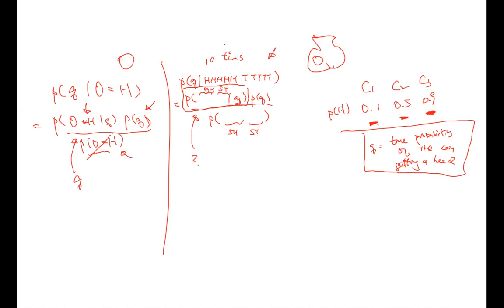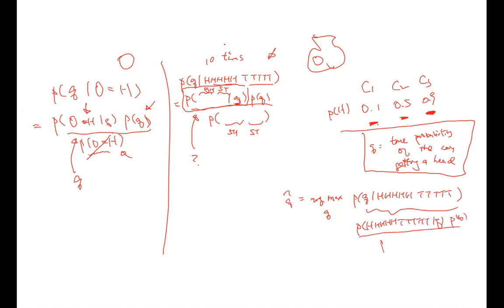So why do we want this anyway? Even if we use a MAP estimation, as we discussed earlier, let's say I have some observation like 5 heads and 5 tails here. Then I want to maximize over Q. My estimate of Q would be simply this, equal to P(head, tail given Q) times P(Q) over this thing.